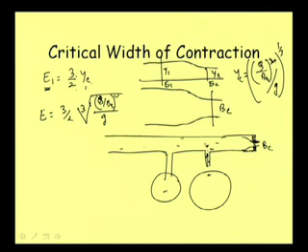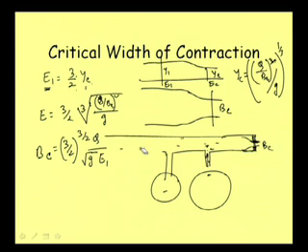So, from that we can separate out BC, and this way if we simplify this expression we will get BC equal to (3/2) whole to the power 3/2, and then Q divided by root over g and E1 to the power 3/2.